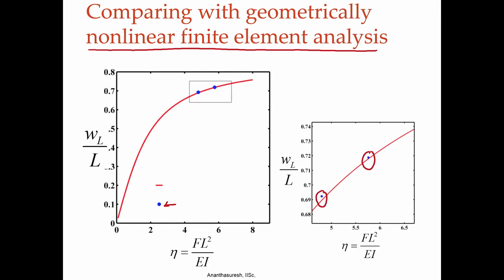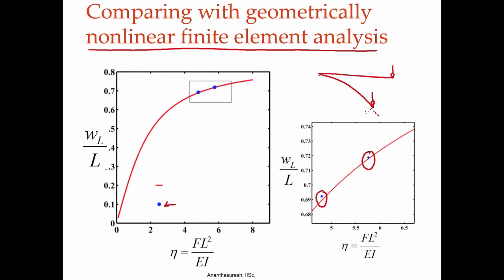Clearly non-linear FEA is more correct than the analytical one, because the analytical one may have made an assumption that the neutral axis does not stretch, the beam does not stretch, but in reality it would. When it deforms, when my loading is vertical like that, there is a component along the beam, not only in the beginning, it is not there, that is why linear does not show, but it deflects, load continues to be in the same direction, there is a component there, component here, one bends, other stretches a little bit.